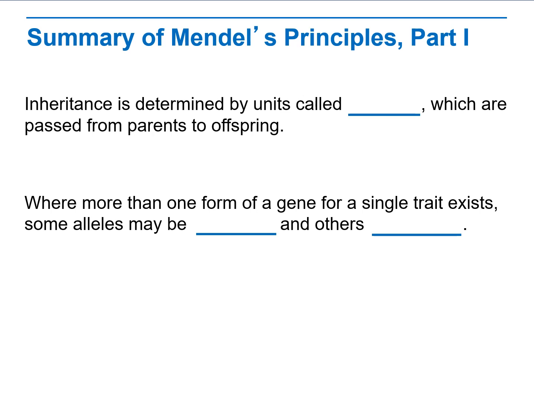Inheritance is determined by units called genes, which are passed from parents to offspring. Where more than one form of a gene for a single trait exists, some alleles may be dominant and others recessive. Remember that Mendel's principles of heredity were observed through patterns of inheritance, and they form the basis of modern genetics.